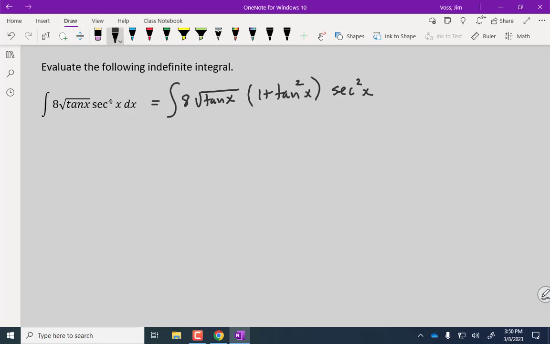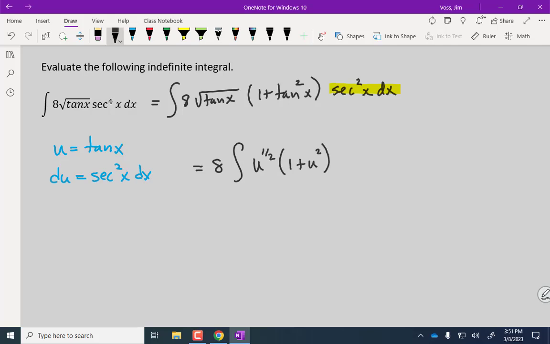That's going to be grouped with the differential, with the intention of letting u be tangent. And if we let u be tangent, then du is secant squared. So that's going to be 8 integral of u to the 1/2 multiplied by 1 plus u squared du.